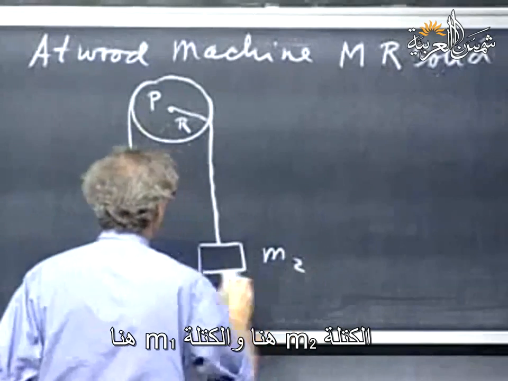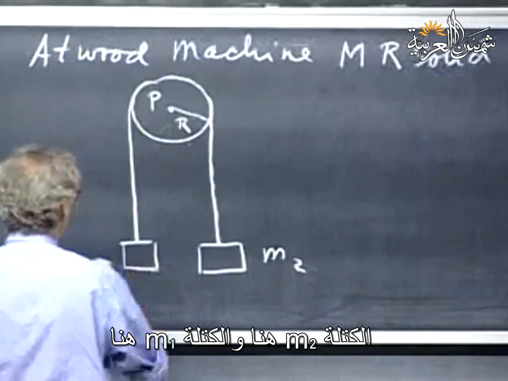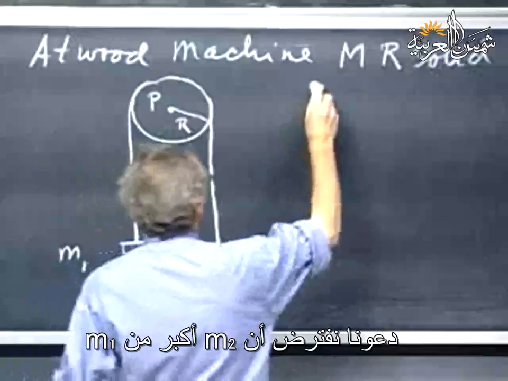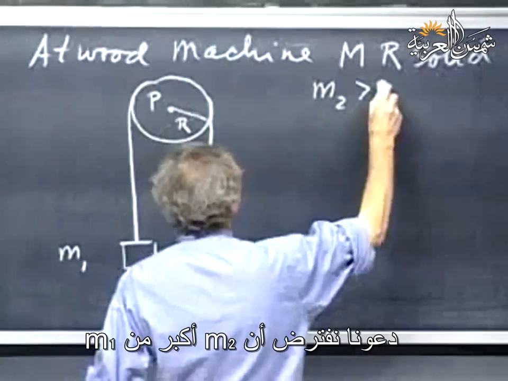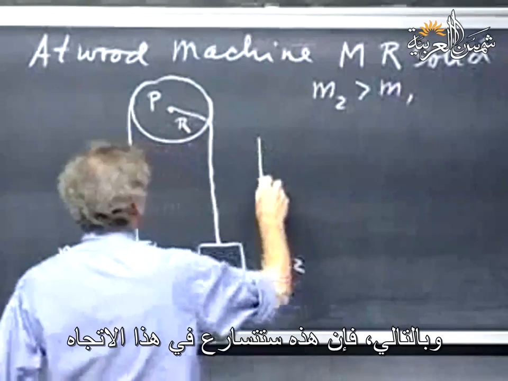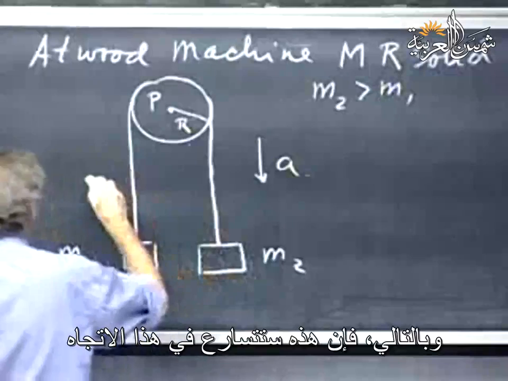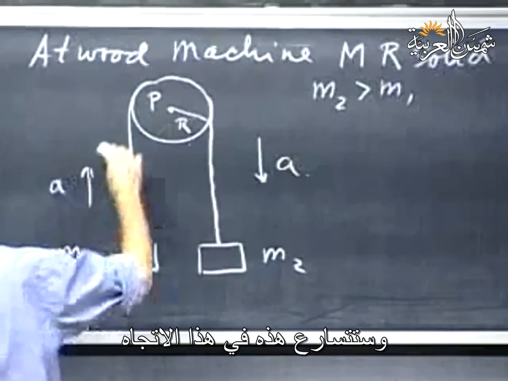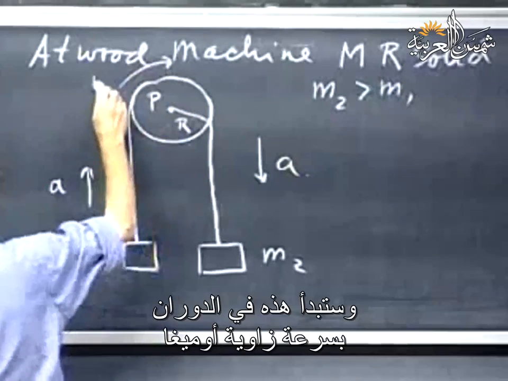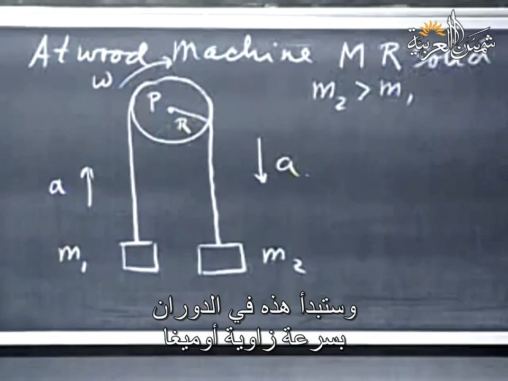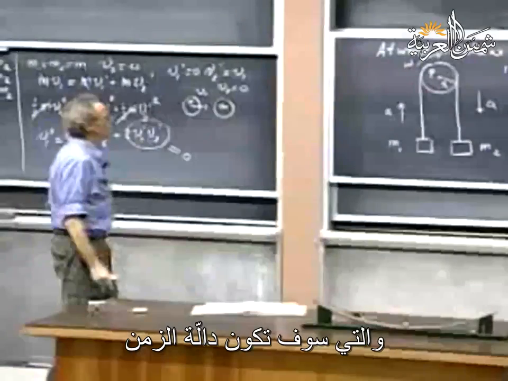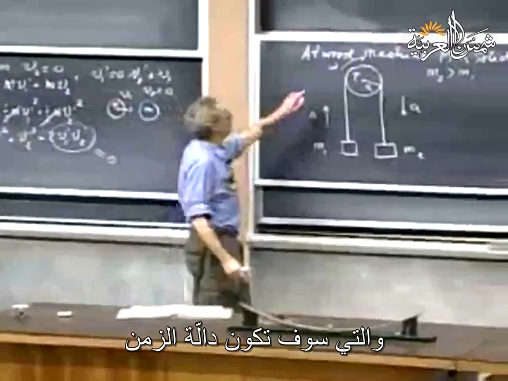Mass M2 is here, and mass M1 is here. And let's assume that M2 is larger than M1. So this will be accelerated in this direction, this will be accelerated in this direction, and this will start to rotate with angular velocity omega, which will be a function of time.